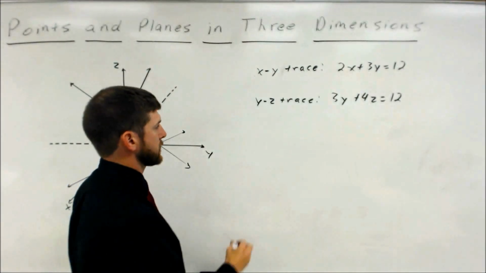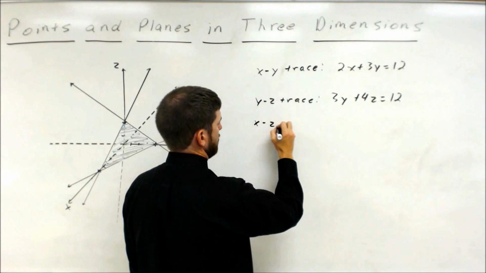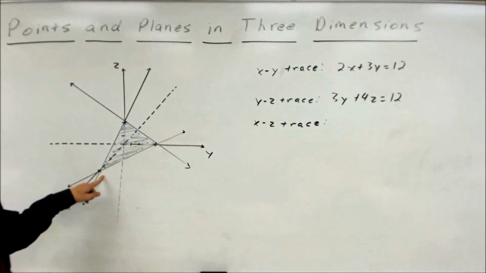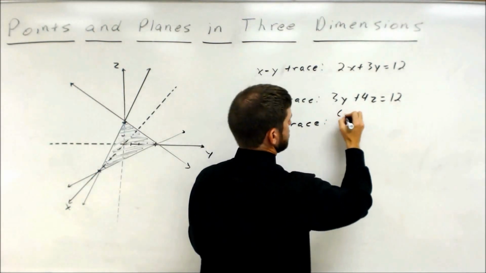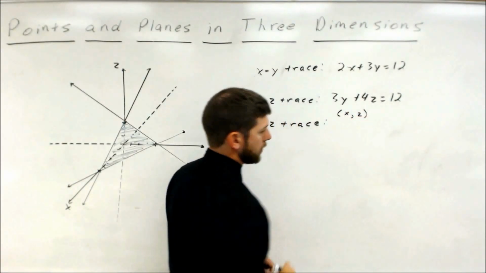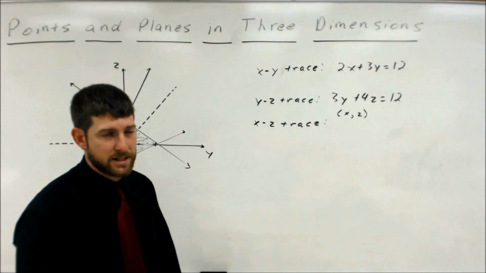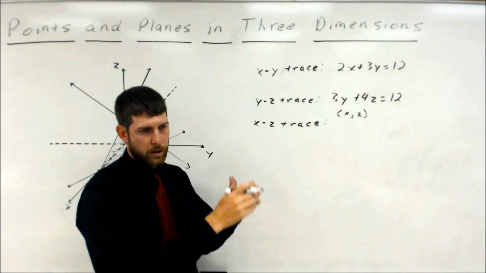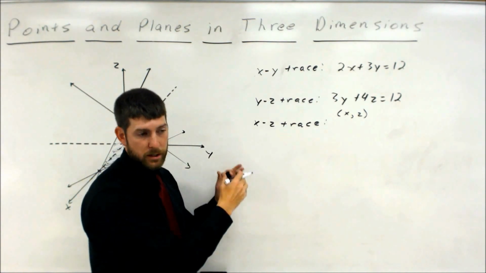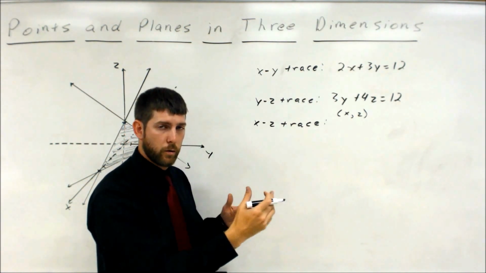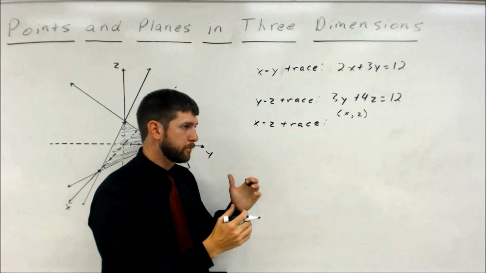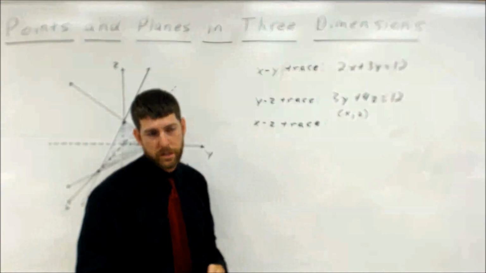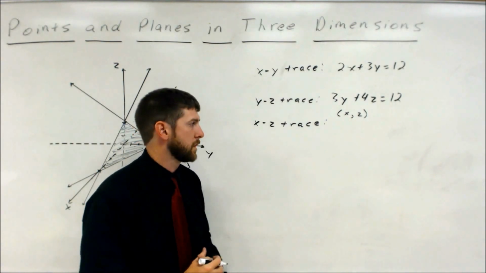And then we'll finish with the xz trace. X-intercept we already said was 6, 0. In this one, I'm going to use an x comma z ordered pair. I could do z comma x, and as long as I'm consistent, the first variable has to represent your x's and the second coordinate has got to represent your y's in the normal slope, slope intercept and point slope formulas.